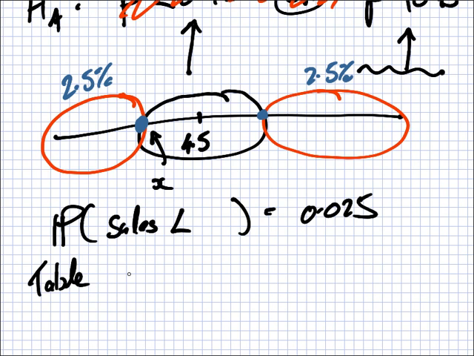We pick n is 10, p is 0.45, and we need to look for an x that will give us 0.025 or smaller. It goes from 0.099 and then it goes to 0.266. It jumps a lot, doesn't it?